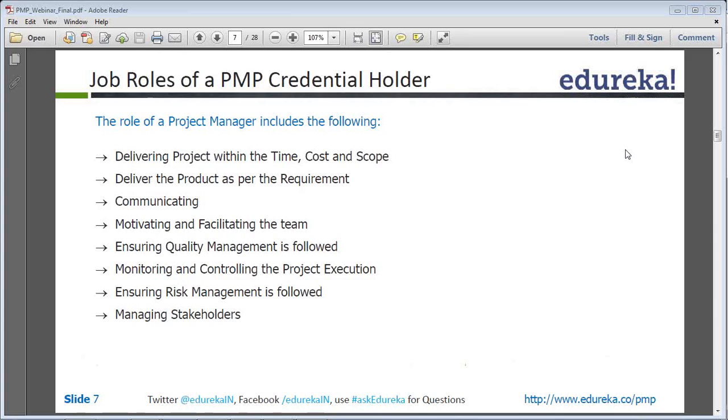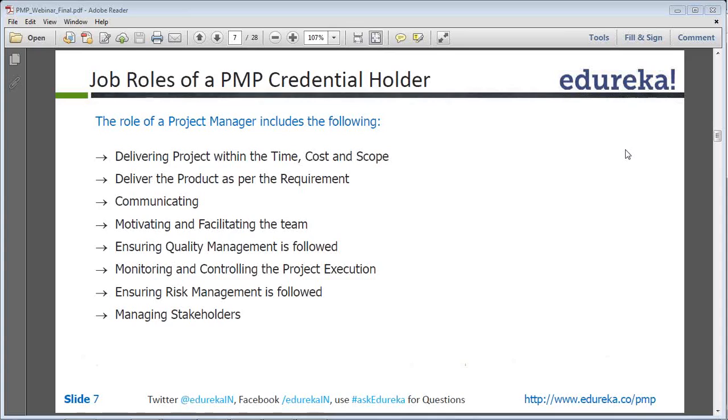He has to communicate, and one thing we say is that 90% of the project manager's time goes in communicating to different stakeholders, motivating and facilitating the team. He has to make sure that the team is motivated enough to deliver the best quality of product and service, and facilitate the team to ensure that they are able to do their job properly and deliver.